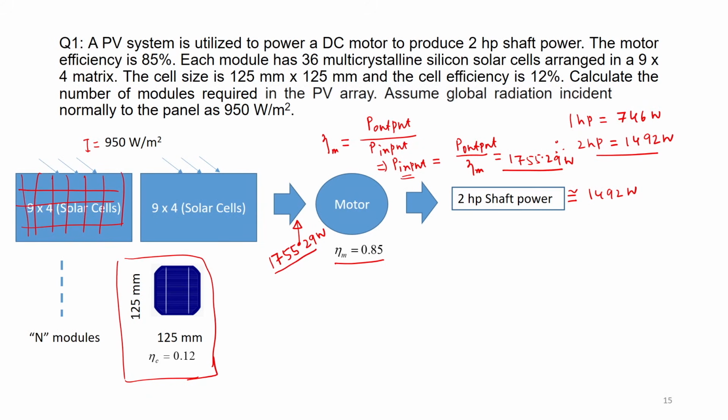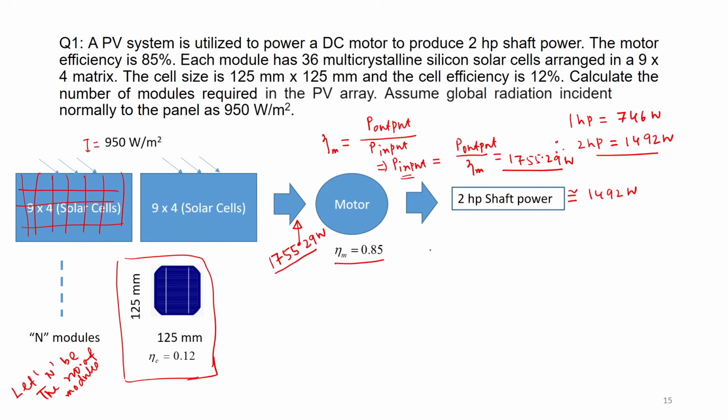Now, our next step is to calculate the number of modules. So, let n be the number of modules required to provide the energy needed to run the motor. Okay? So, this much energy is required from the solar modules.